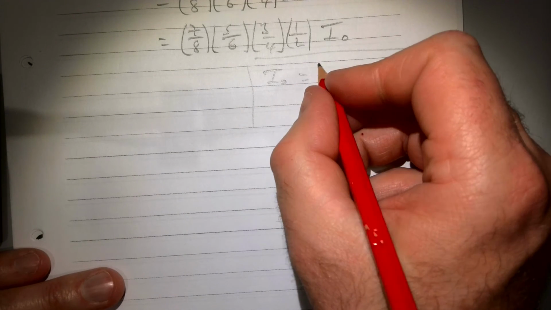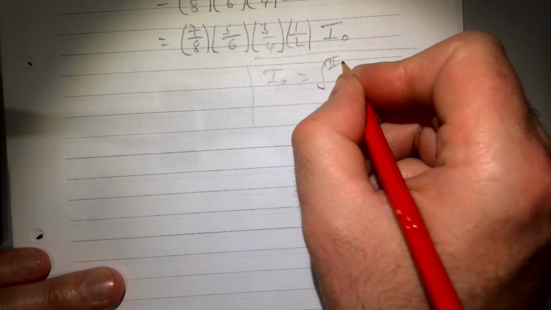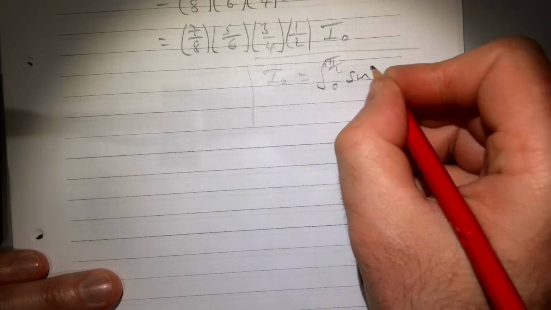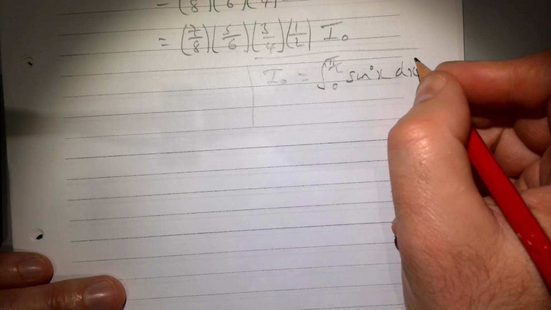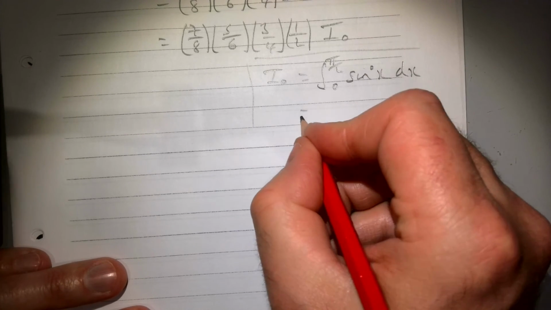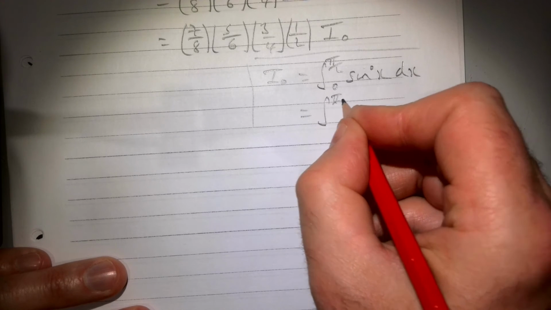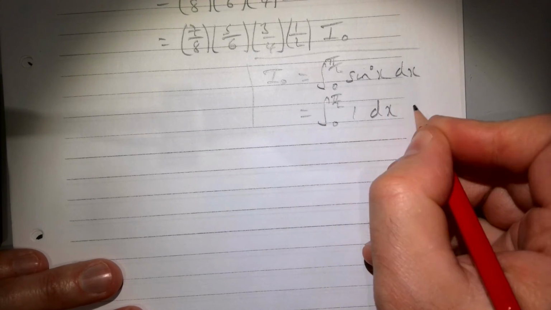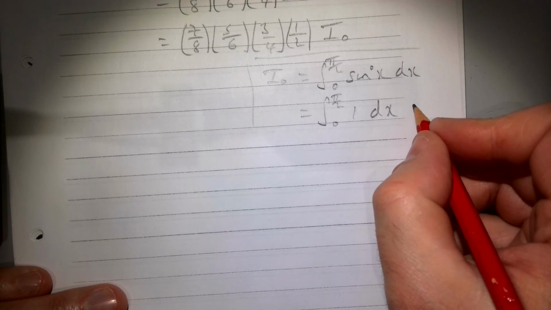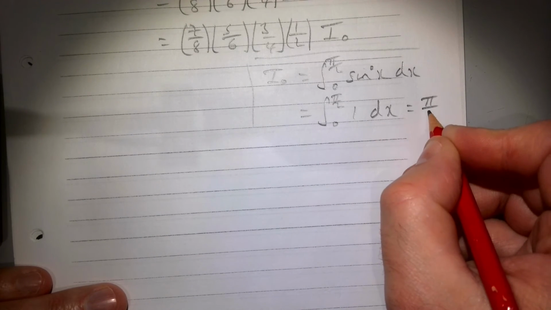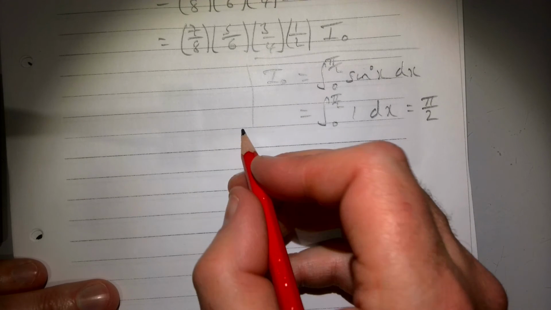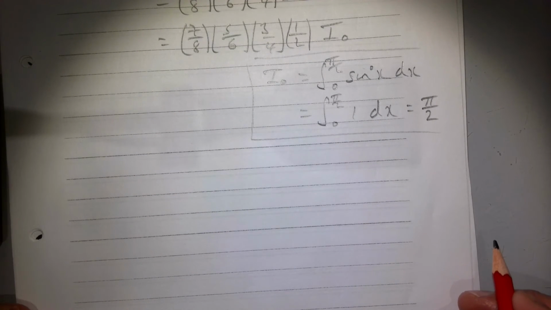I0 is the integral between pi over 2 and 0 of sine to the power of 0x dx. Anything to the power of 0 of course is 1, so it's the integral between pi over 2 and 0 of 1 dx. And if we integrate that we get x, and we sub in pi over 2, so I0 just equals then pi over 2.